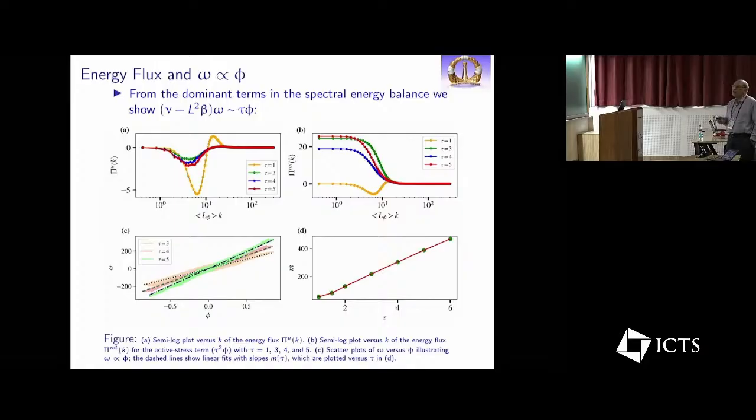But I told you that there's a remarkable proportionality of the vorticity on the concentration field phi, and we can characterize that both by scatter plots, but also if you go back to the spectral energy balance and do a dominant balance, we can actually derive this relation. So omega is proportional to phi. As far as I know, this has never been seen before.